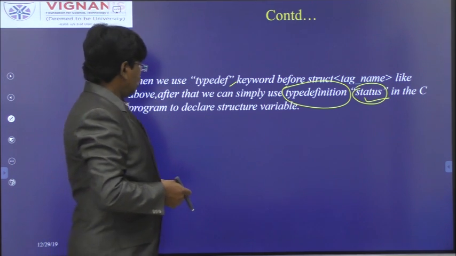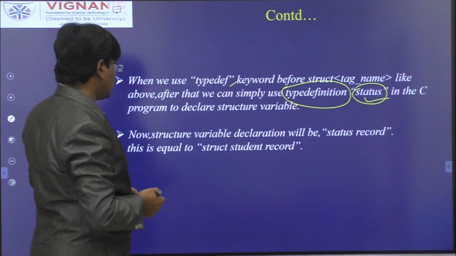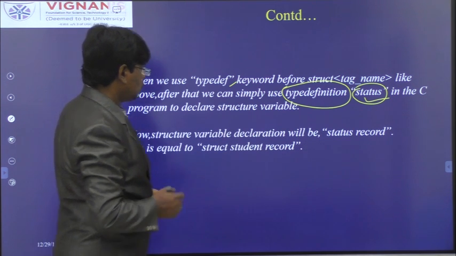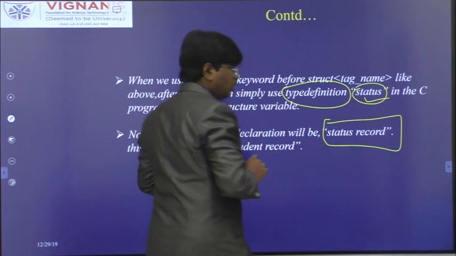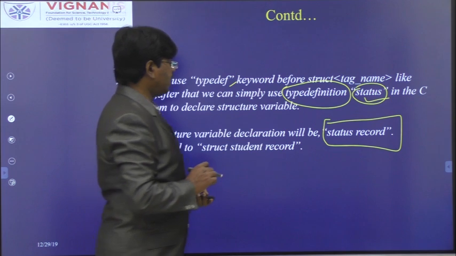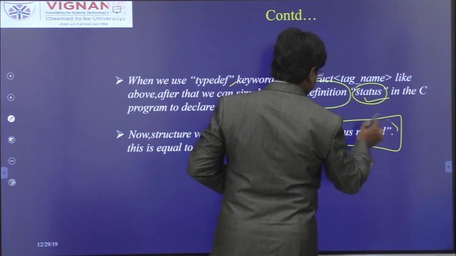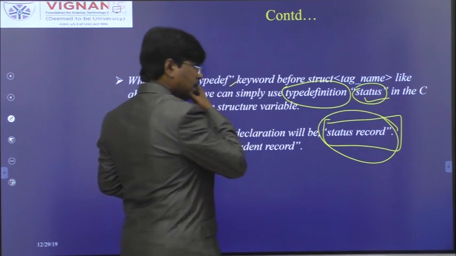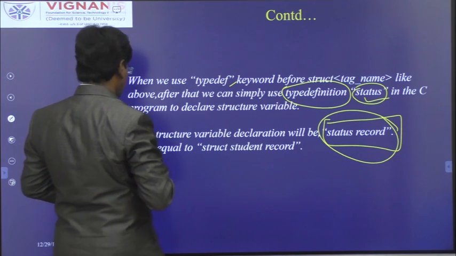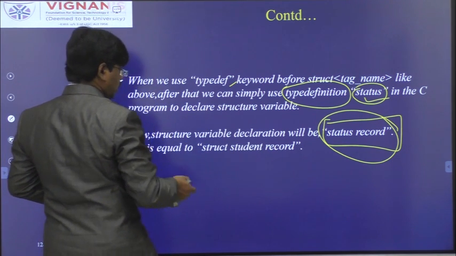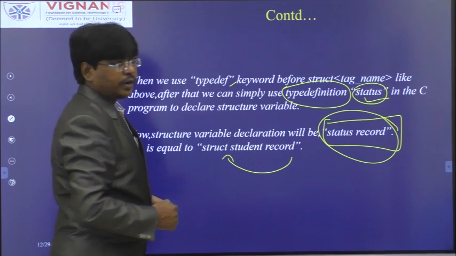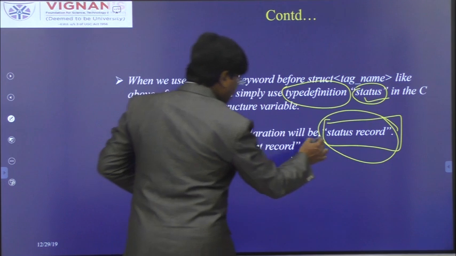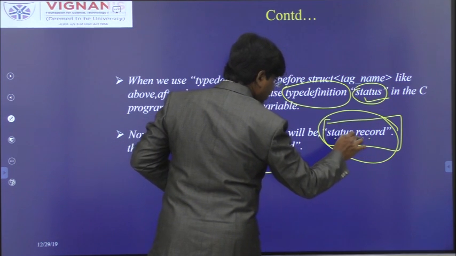Okay. After that, now the structure variable declaration will be status record. So you have to observe this particular one. If I am using a normal variable record, then I have updated my type definition status, which means automatically the name will be status record. Or if you are using any status record, indirectly it is nothing but this statement, where status record is a new structure variable name.